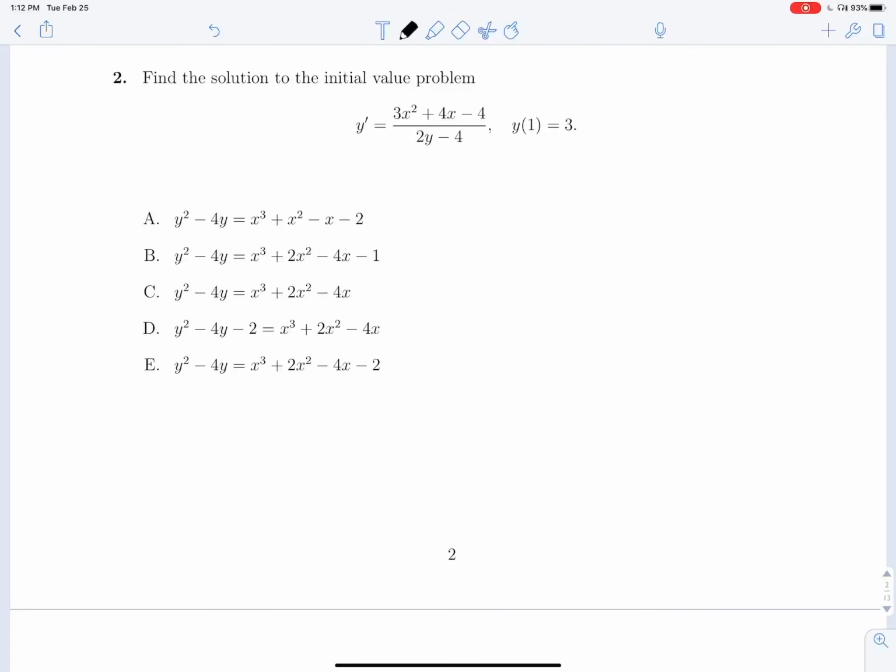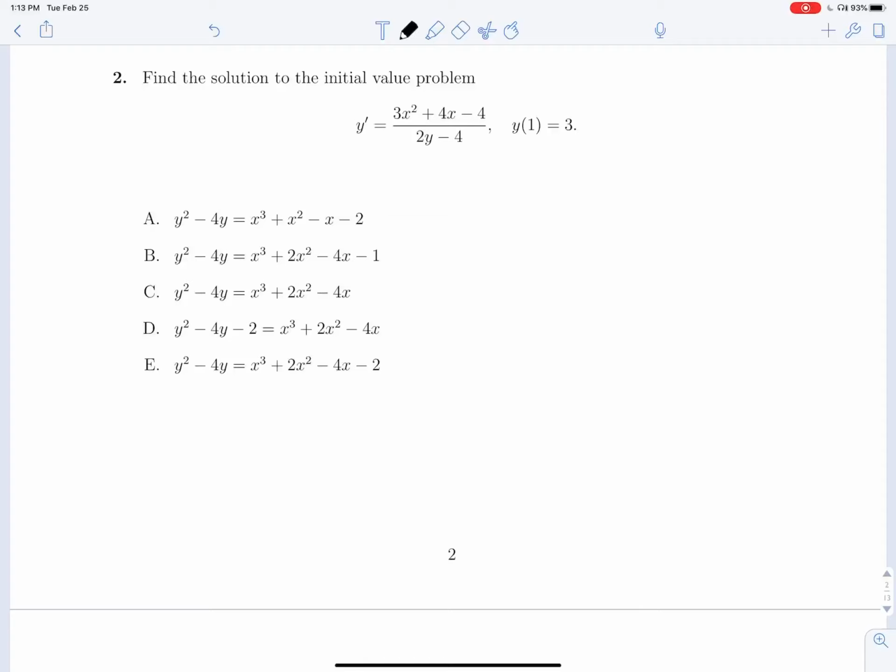2, let's find the solution to this initial value problem. Immediately we are seeing that we have a function of x over a function of y, so our equation is separable here. So let's multiply both sides by 2y minus 4 and multiply both sides by dx.